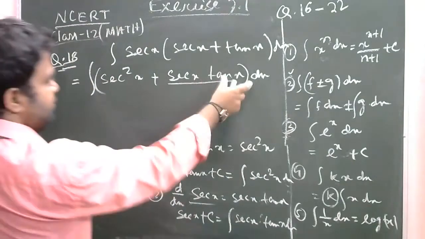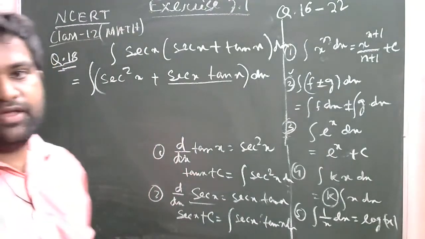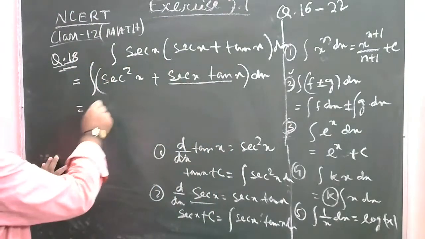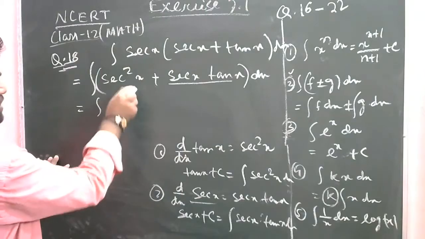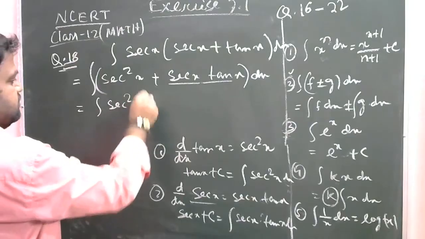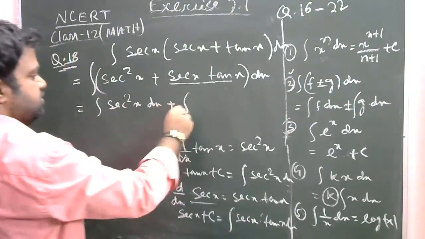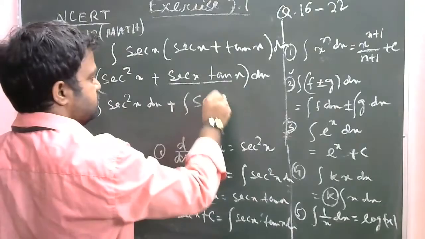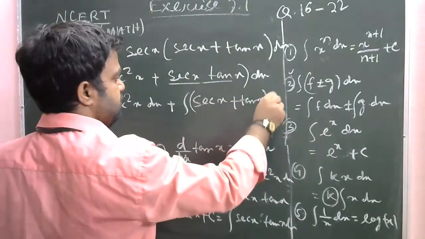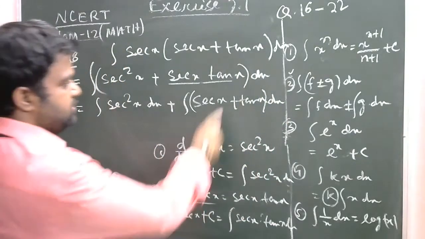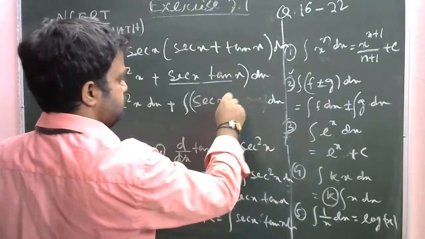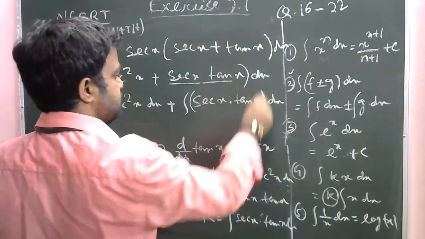So both our terms come in our formulas. Easily, in two steps, within one more step we can do it. Since there is a plus, we can separate them and write them separately: integration of sec square x dx plus integration of sec x tan x dx.